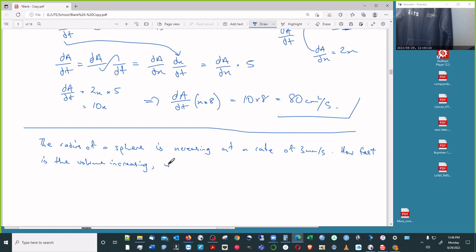When the diameter is equal to 100 millimeters. Okay, and you're given the volume of a sphere, just in case you forgot.